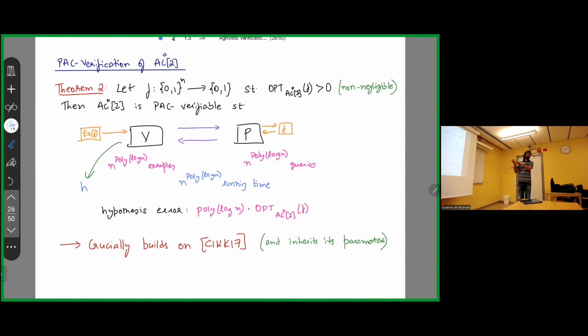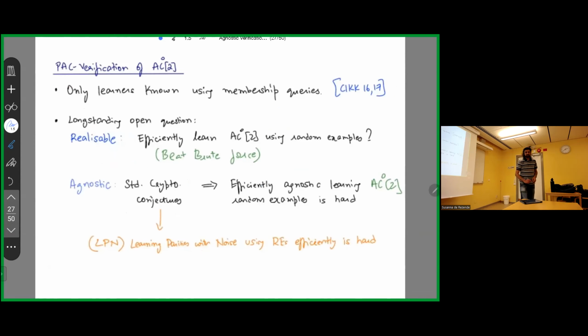As you can see from the parameters, in particular the hypothesis error, this protocol builds on the CIKK algorithm itself, and thus it also inherits its parameters, like the fact that the hypothesis error is multiplicative, as well as the requirement that opt is larger than 0. For context, again, the only learners known without a prover use membership queries.